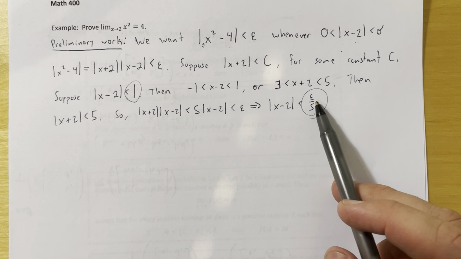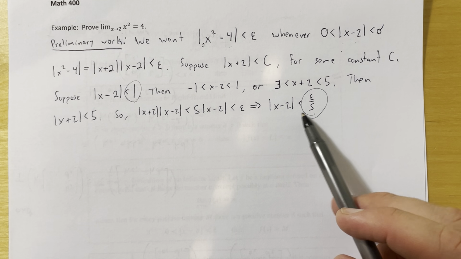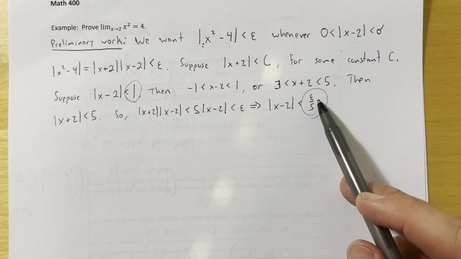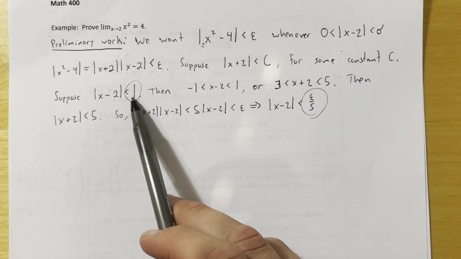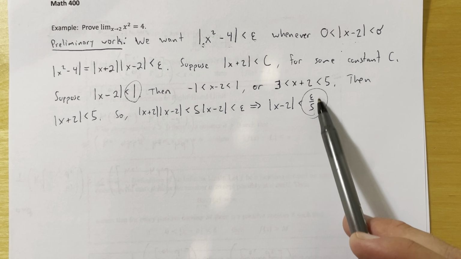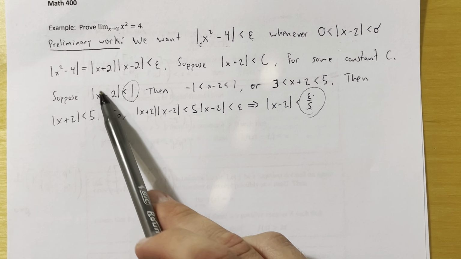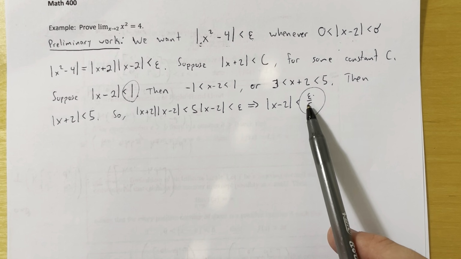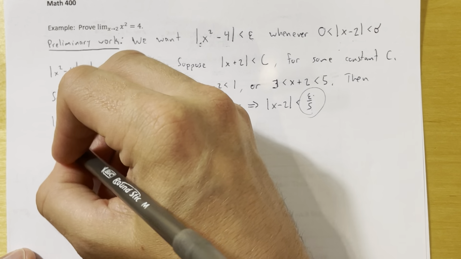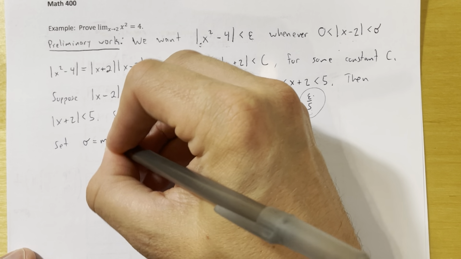If epsilon is a small number, like 2, then saying that x minus 2 is less than epsilon over 5 gives me less than 2/5, which is already less than 1. So it's already satisfying both of those simultaneously. If epsilon is a really big number, like 100, then if I assume that x minus 2 in absolute value is less than 1, it'll automatically be smaller than this bigger number also. So what we do is we set delta equal to this.